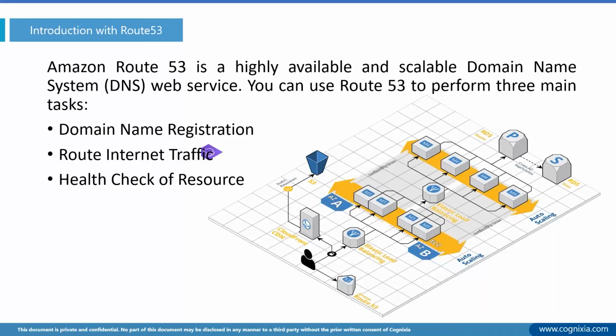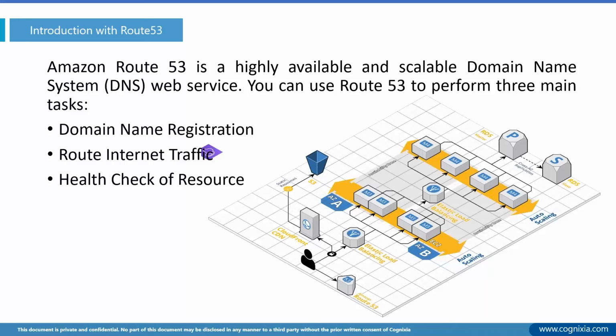Please see, these are the three main tasks that can be attended to with the help of Route 53. If you are managing Route 53 in AWS, it means there is no need to create a separate EC2 instance for a DNS server. This is an inbuilt service for your DNS, right? Of course, just like Azure DNS.